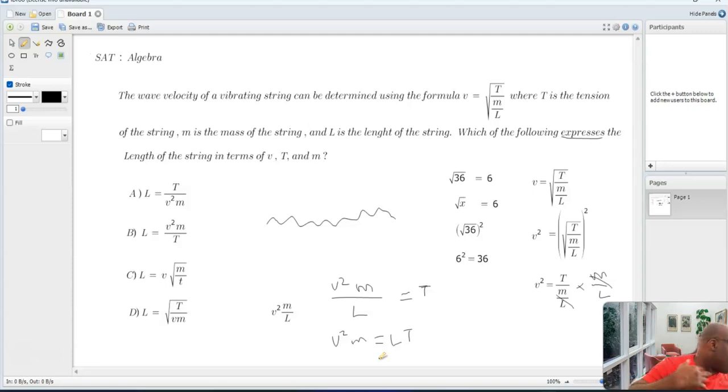Or TL, whatever you want to call it. LT or TL, good. Then we move from right here and go here. Now we want L by itself, so we just divide both sides by t. So your final answer is v squared m divided by t, which will give you L.